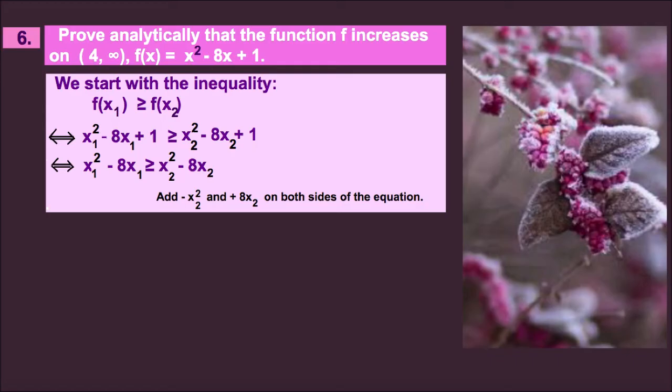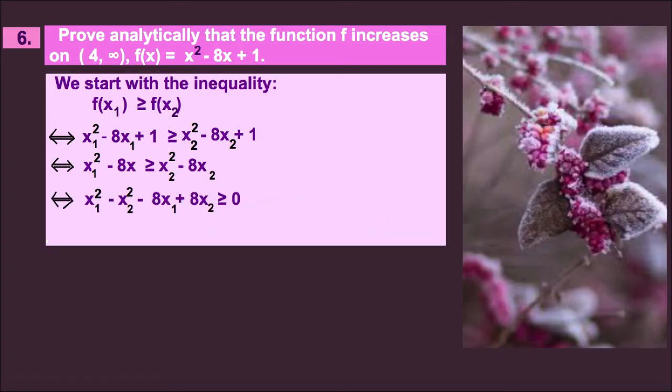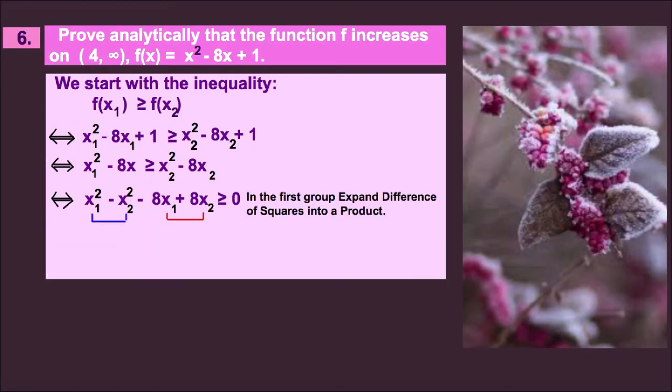Add -x2² and +8x2 on both sides, equivalent to x1² - x2² - 8x1 + 8x2 ≥ 0. The left side of the inequality has 4 terms. Group 2 and 2 terms.